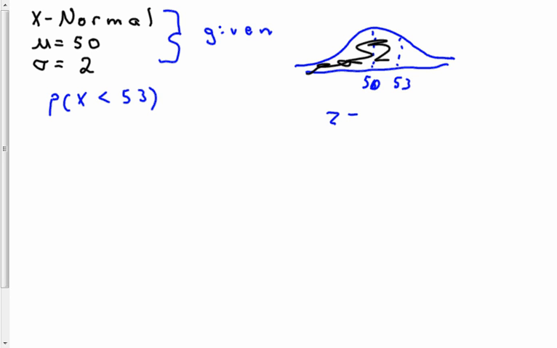Our z-score, x minus mu over sigma, 53 minus 50 over 2 is 1.50.